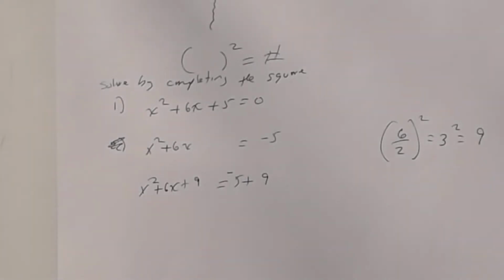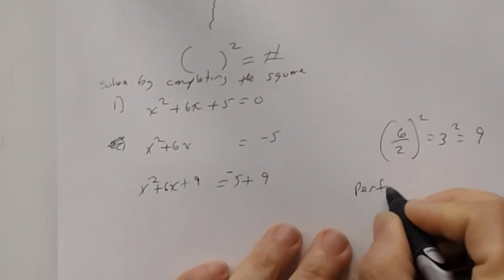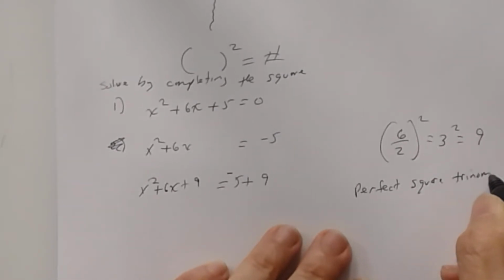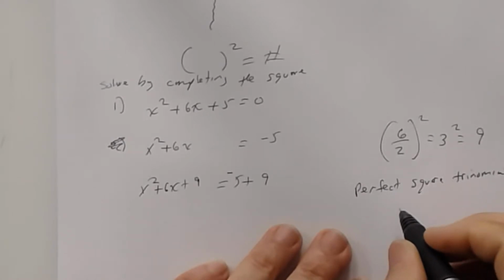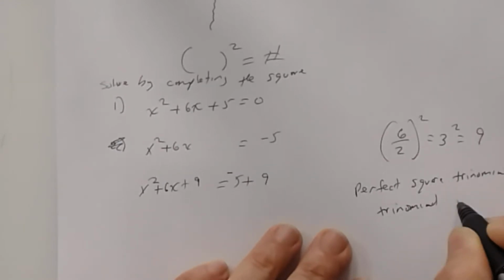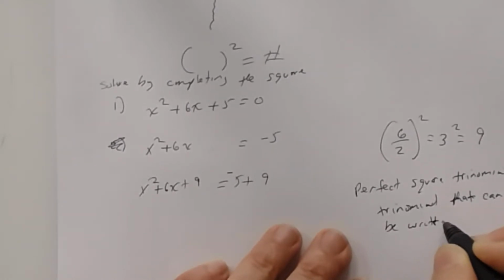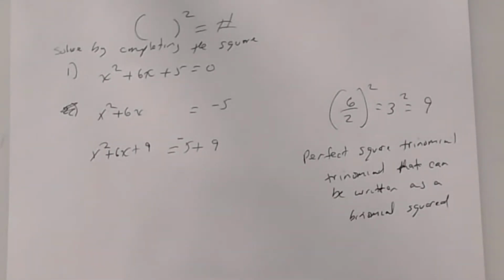A perfect square trinomial is a trinomial that can be written as a binomial squared.